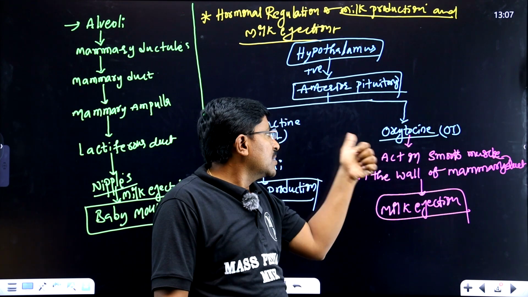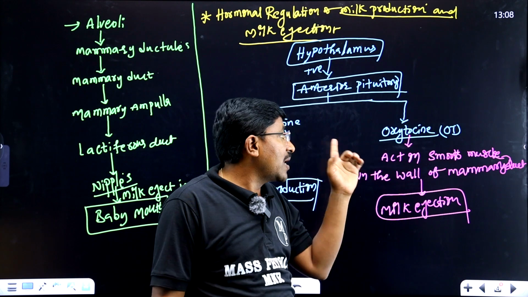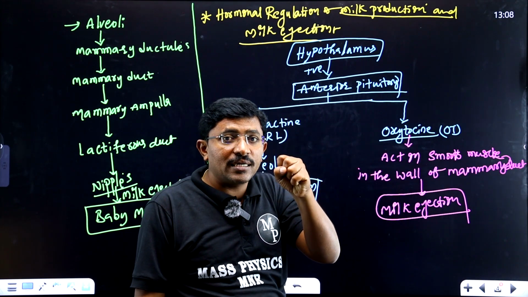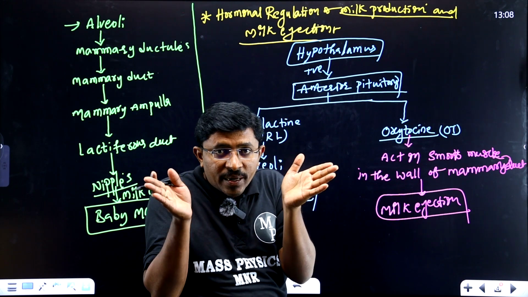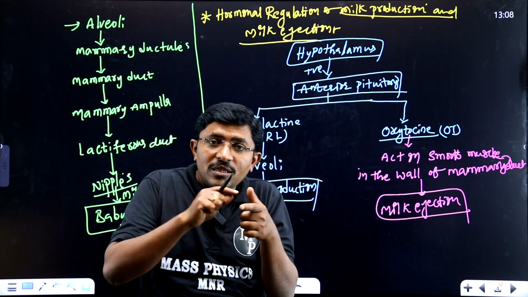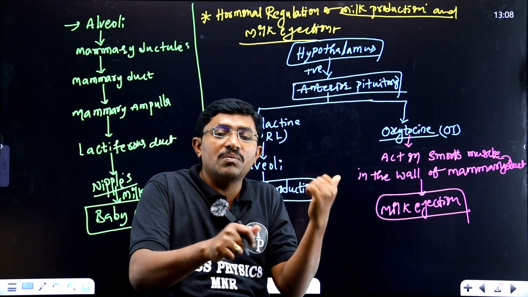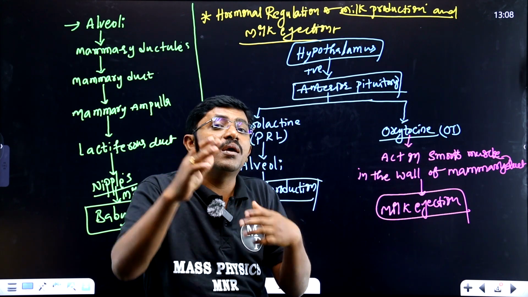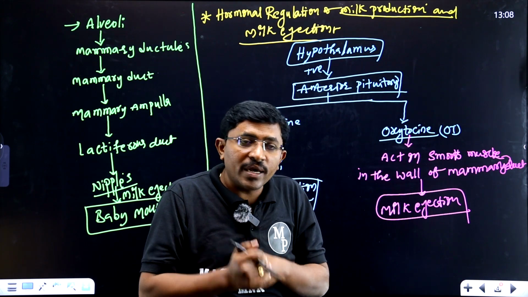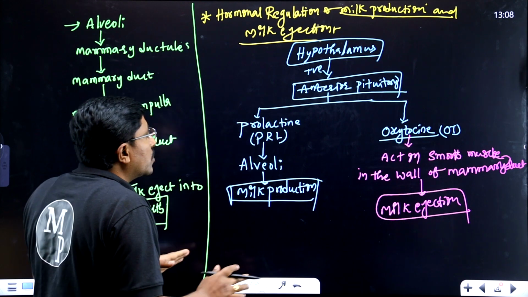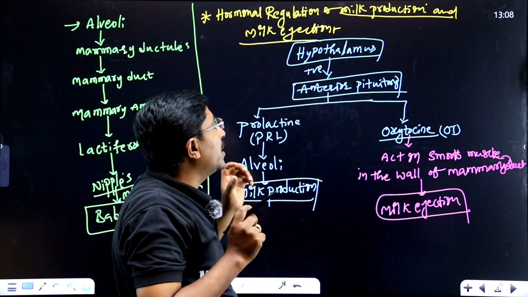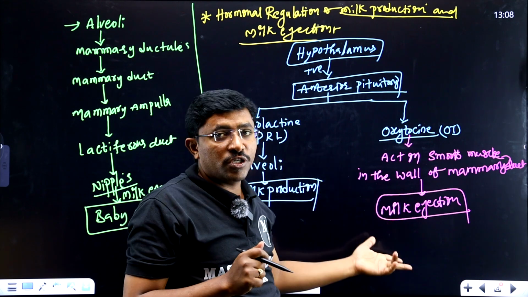When oxytocin acts on them, the muscles contract, and the milk present inside is pushed out from the mammary gland into the baby's mouth. Very clear information. So this is the hormonal regulation for milk production and milk ejection.